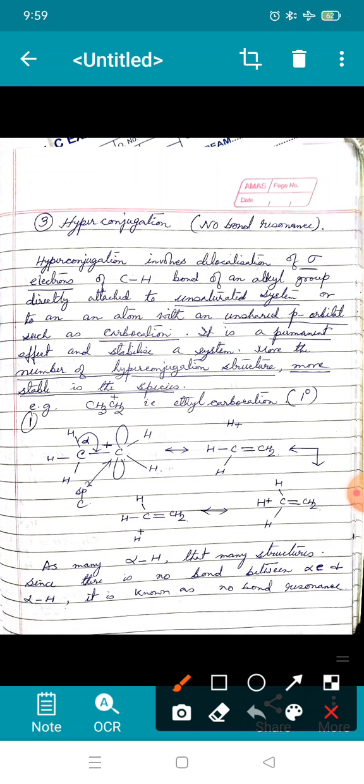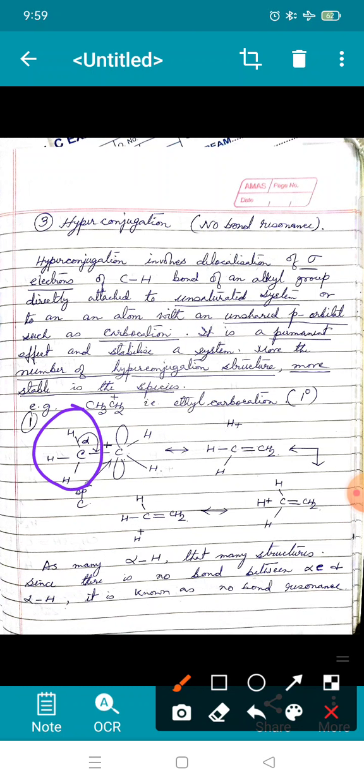So let us begin with the example of the ethyl carbocation. You see, this CH2 carbon is sp2 hybridized and it has an unhybridized p orbital. Because of this unhybridized p orbital, it satisfies the condition of hyperconjugation, because it's in the neighborhood which we call the alpha position.